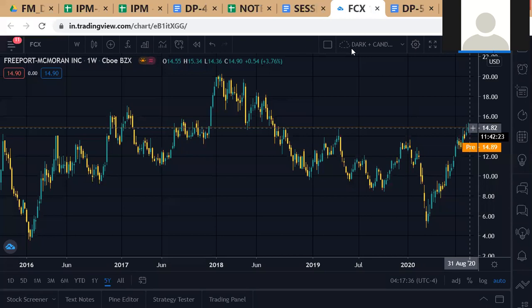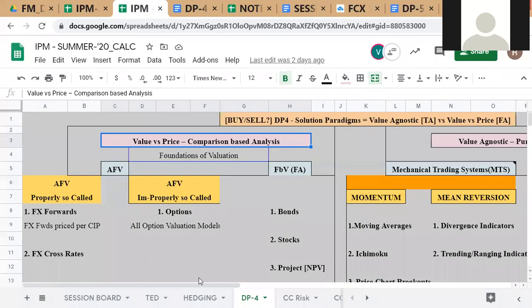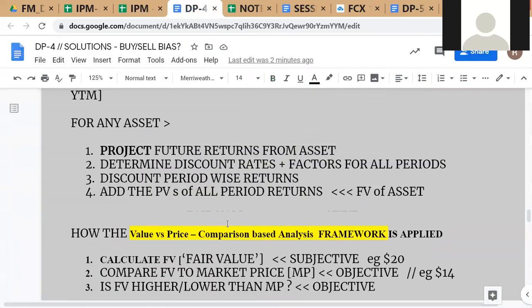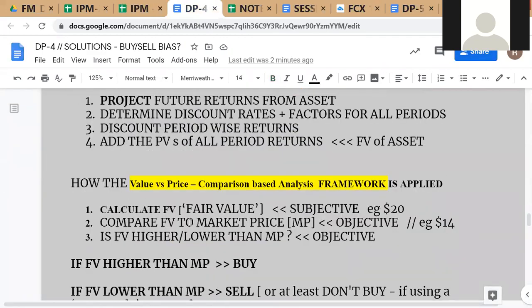Okay, you have to understand the mindset. That's the mentality. Basically, you don't have much regard for the market's assessment. And that's why you want to do your own assessment. And therefore, you go into this kind of a model.